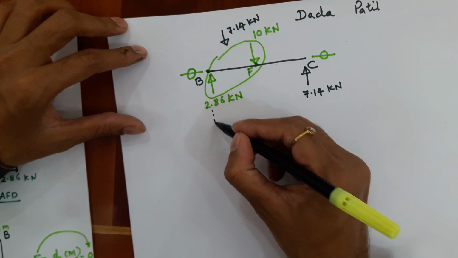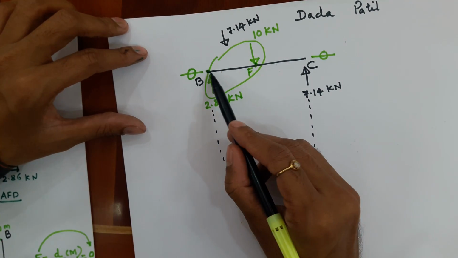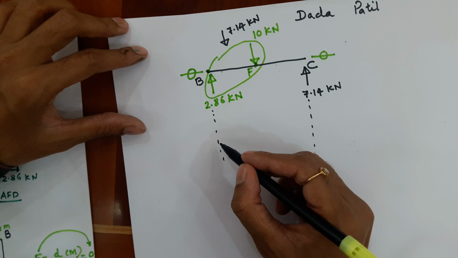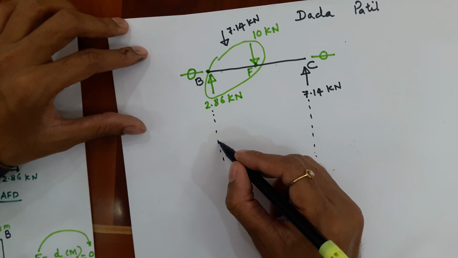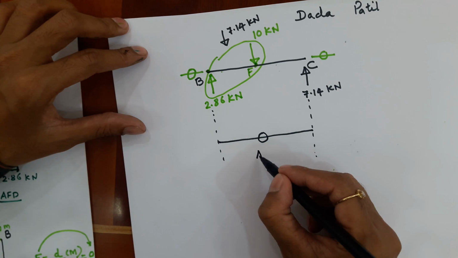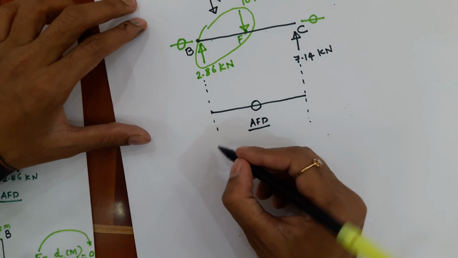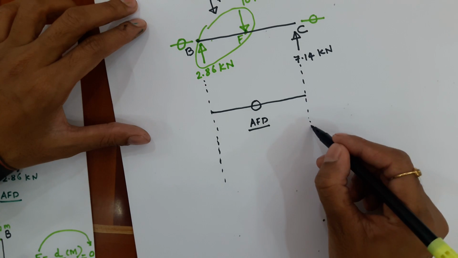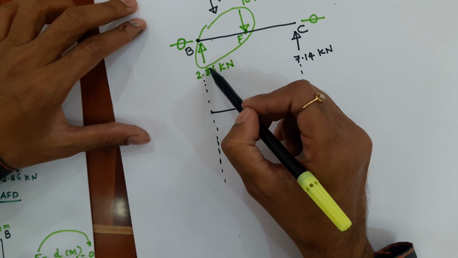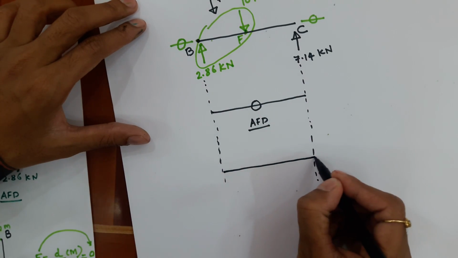So we know that this beam element BC is free of any axial force, neither compression nor tension. Therefore, there will be no axial force, and obviously the AFD will be like this. Now coming to SFD, I know that this part B, because of 2.86, B is going up. So left up is positive.